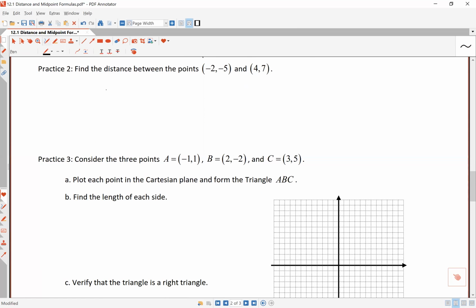Our distance formula is, let's start with the x's first. 4 minus, x2 minus x1, 4 minus negative 2. Plus y2 minus y1. 4 minus negative 2 is 6. 7 minus negative 5 is 12.